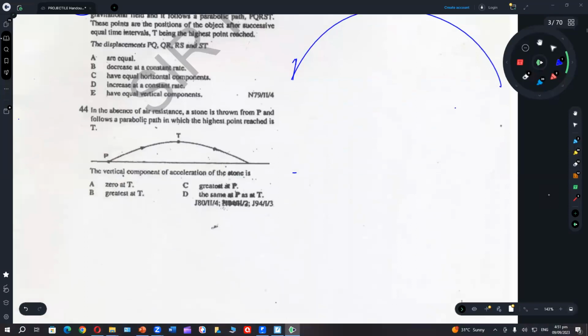Now look at question number 44. Read this question.